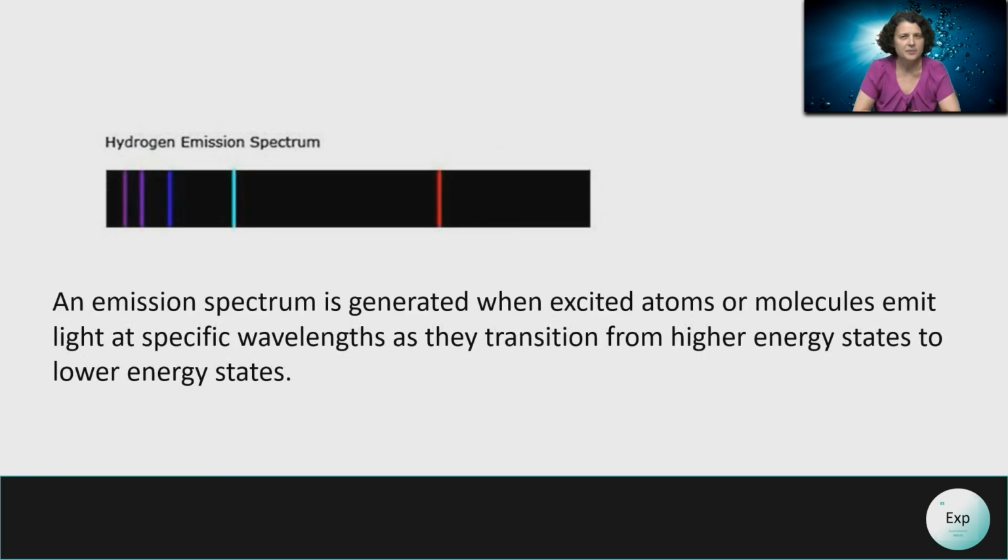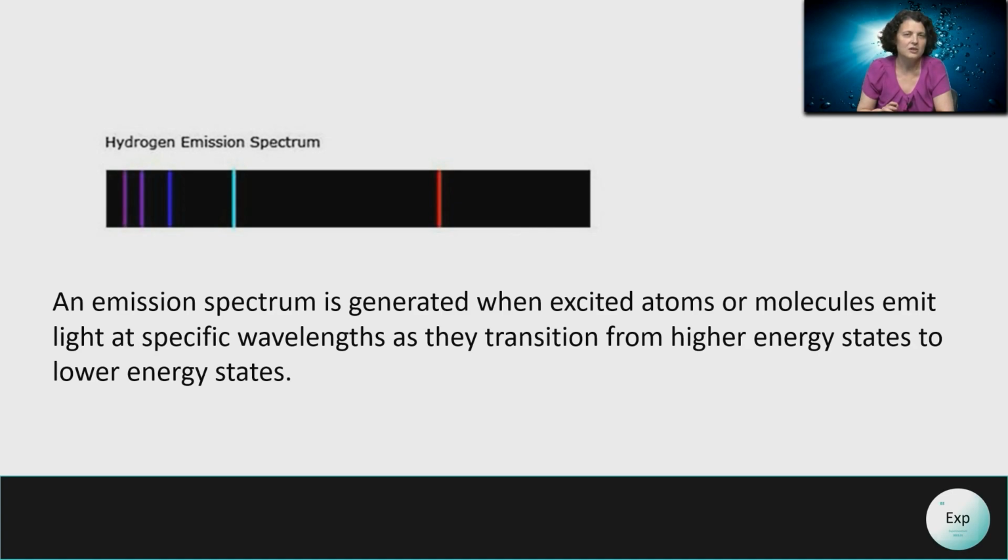In the emission spectra, we're looking at the photons emitted by electrons falling from a higher energy orbit into a lower energy orbit. And so instead of seeing the continuous electromagnetic spectrum, we see it as a dark space because there is nothing but the photons emitted by the relaxation of the electrons. And so we only see a couple lines.